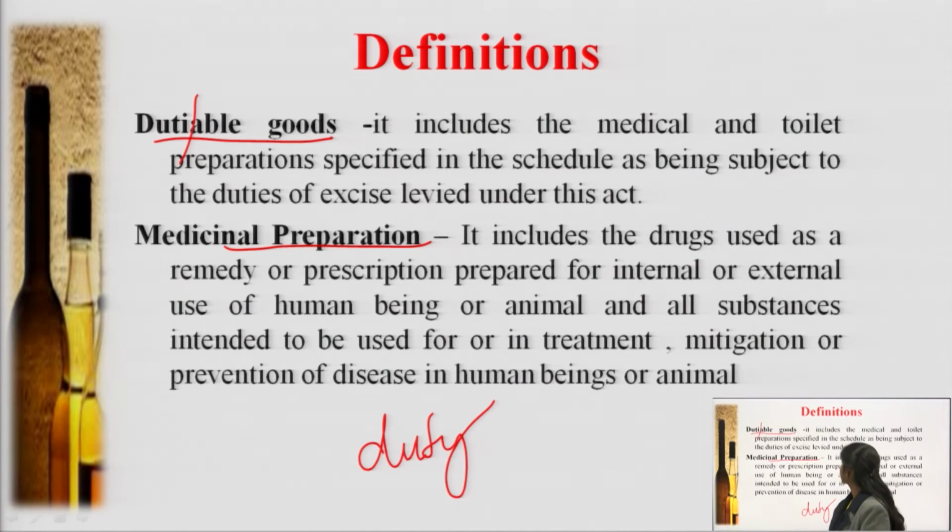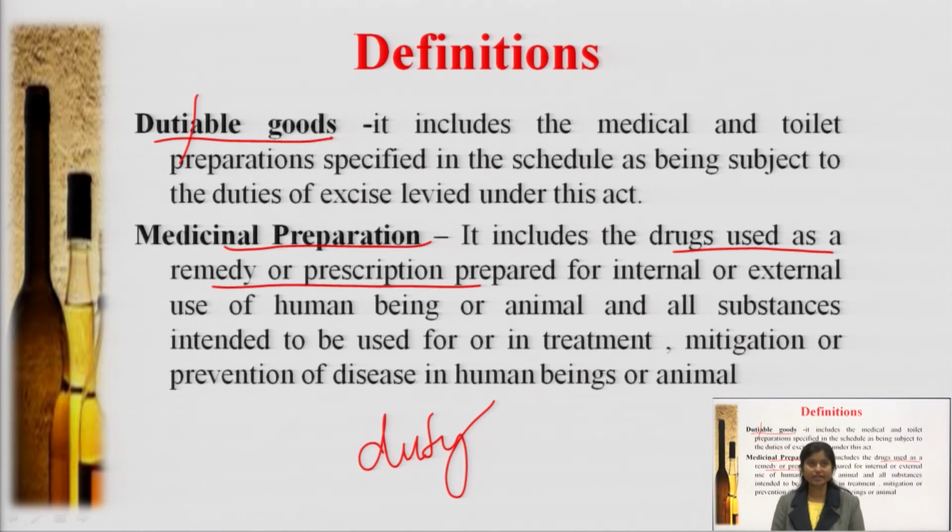It includes the drugs used as remedy or prescription prepared for internal or external use of human being or animal, and all substances intended to be used for or in treatment, mitigation or prevention of diseases in human beings or animals.